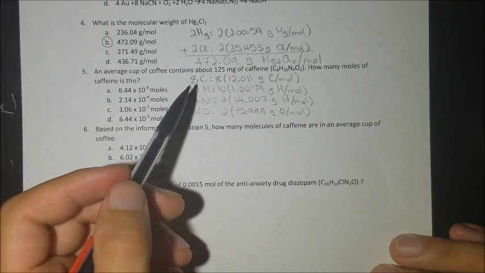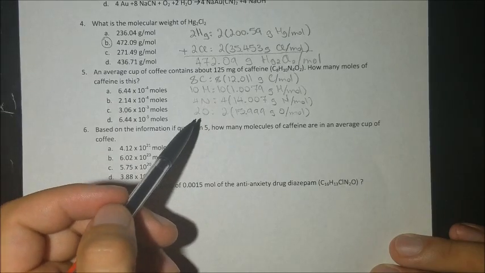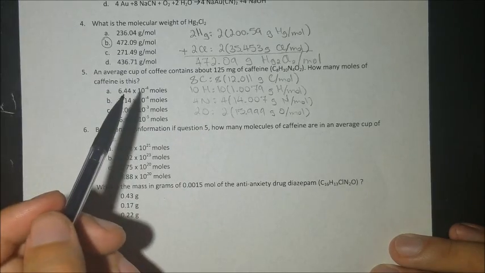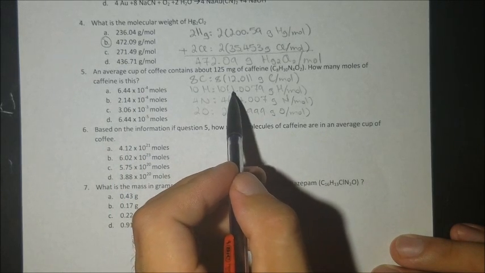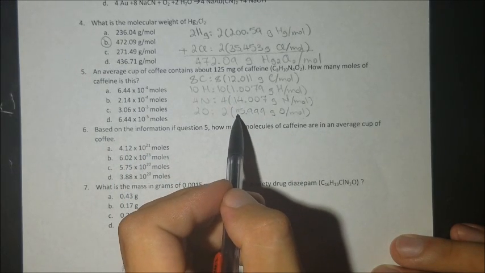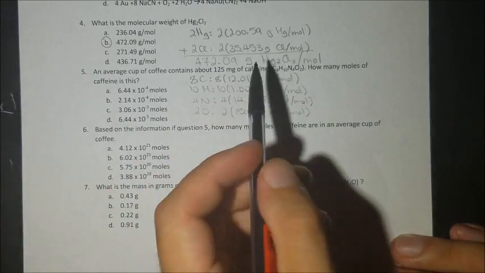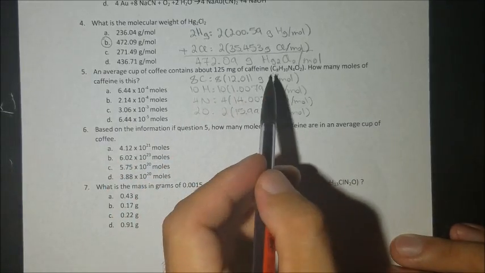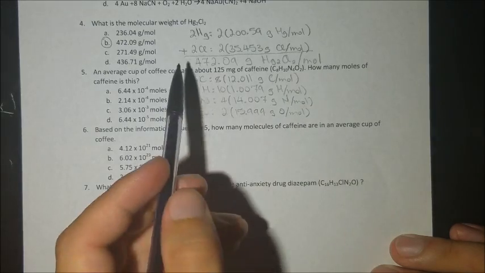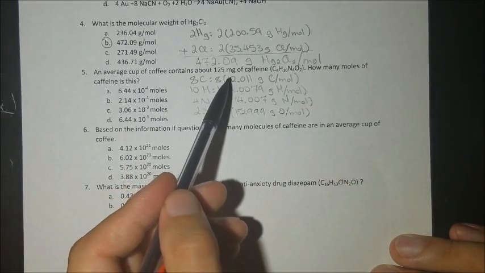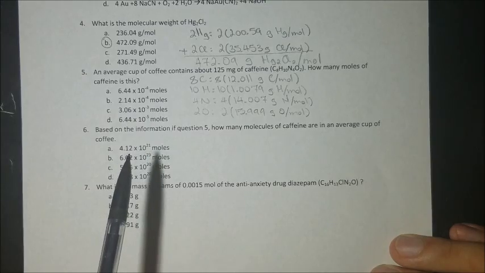Well, what I did here is exactly the same thing I did for number 4. I went to the periodic table and looked up what the molar masses are for each of the elements. For example, I've got 8 carbons in this molecule, so I've got 8 moles of carbon in a mole of this molecule. So I can take the molar mass of carbon and multiply it by 8.